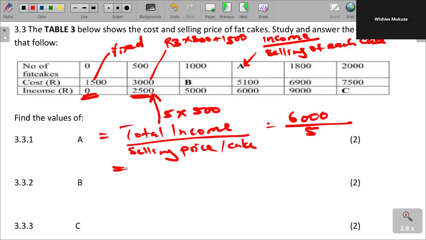As we divide these numbers, we get how many fat cakes were sold. 6,000 divided by 5 gives us 1,200.